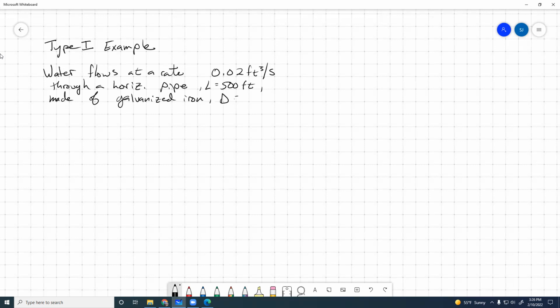And the diameter is 3/4 of a foot. Or sorry, is that inch? It says inch. Yep, 3/4 of an inch, tiny pipe. I guess it's pretty standard, 3/4 inch pipe. Calculate the pressure drop.